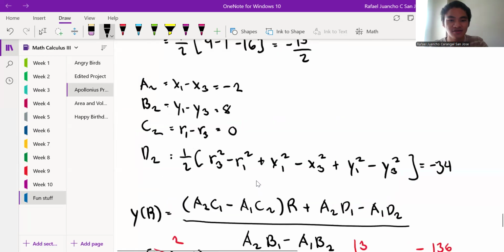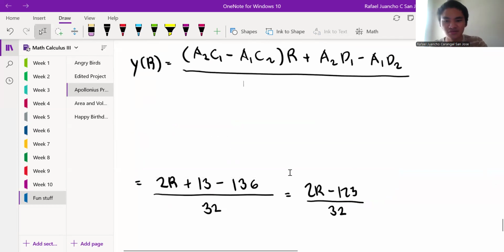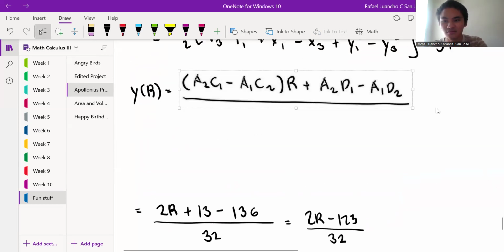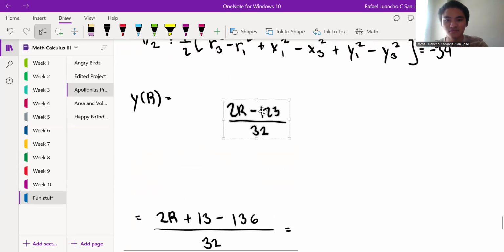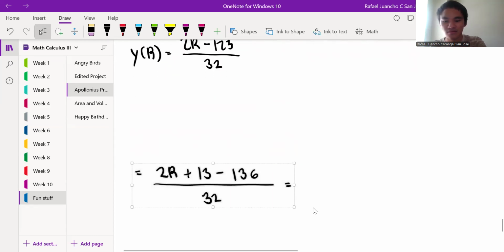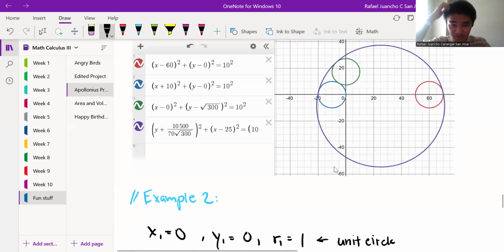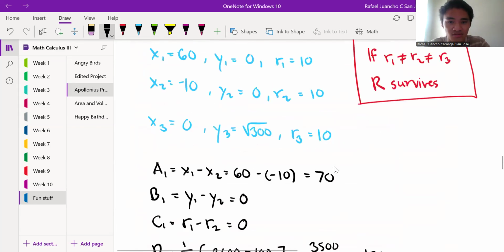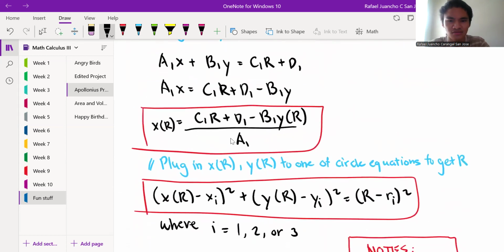So my X of R, actually, let me take this out. Taking out all the computation if I can. At least it's in the video, so no worries. There we go. Now my x of r is something. What's my formula again? Oh, here.